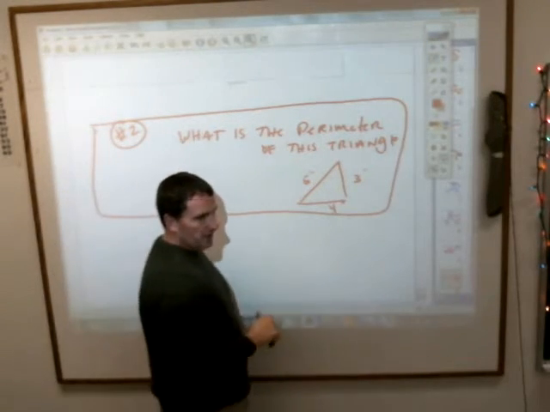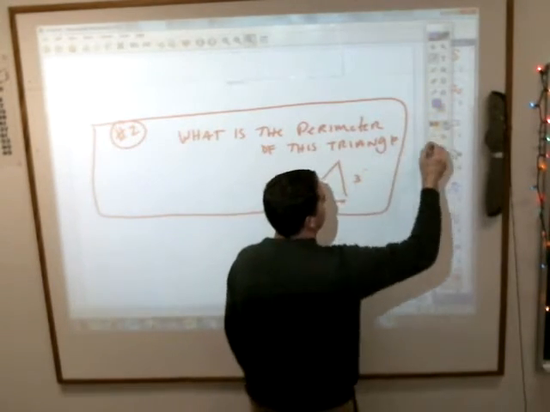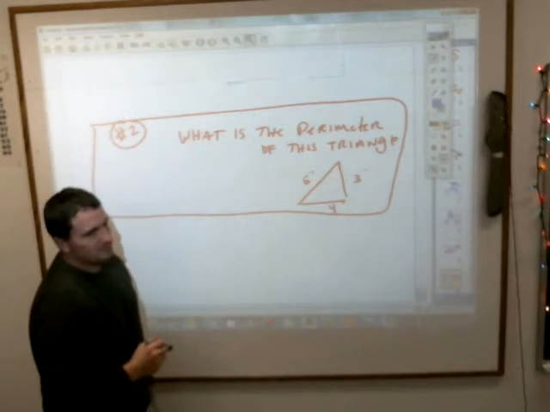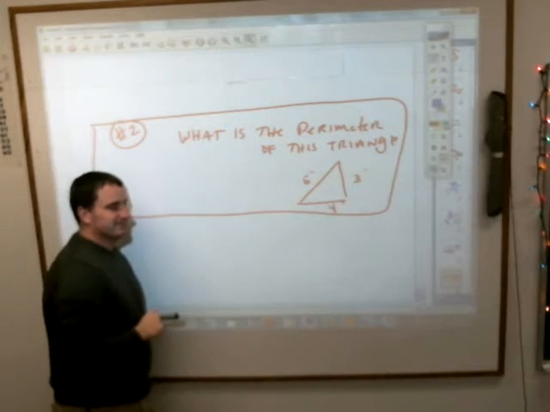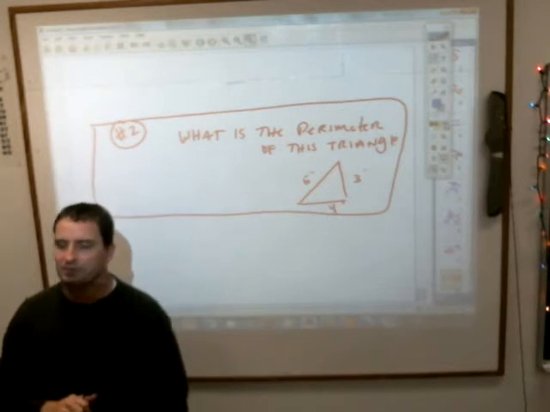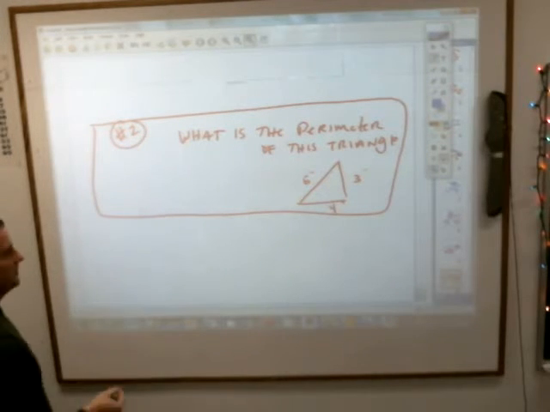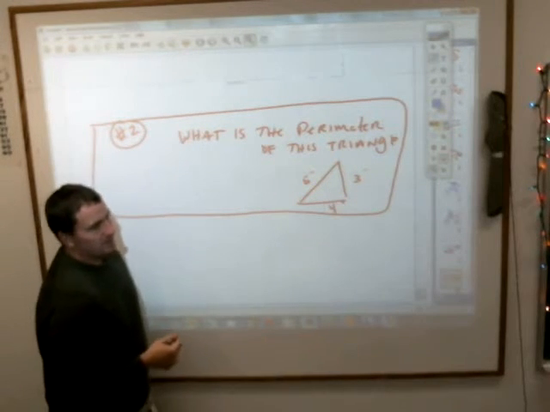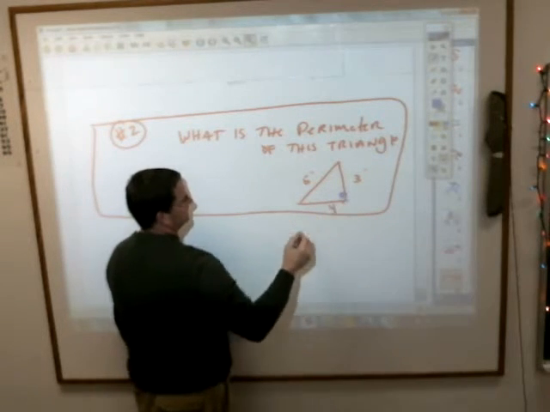What is the first thing, Caitlin Stritzel, that you're going to do with this problem? Add all the sides. No. That would probably be the second thing. That's how you solve the problem, but that's not the first thing. Alex?